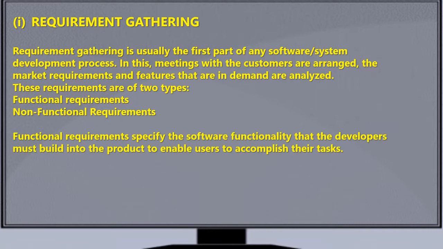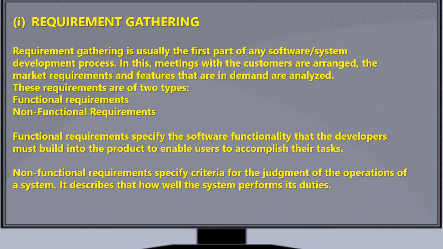Functional requirements specify the software functionality that the developers must build into the product to enable users to accomplish their task. Non-functional requirements specify criteria for the judgment of the operation of a system. It describes how well the system performs its duties.